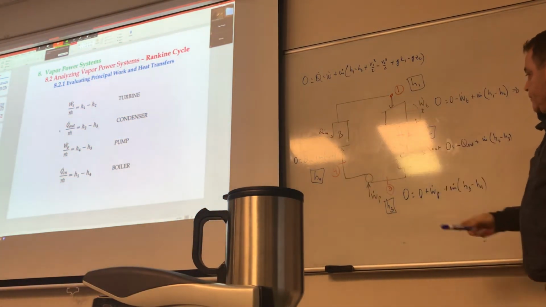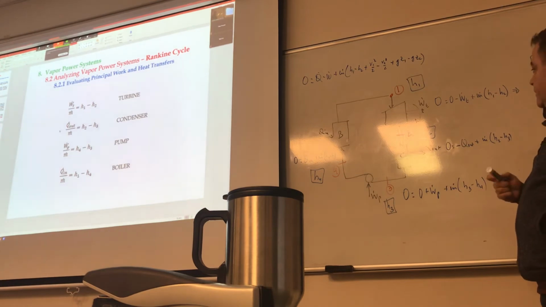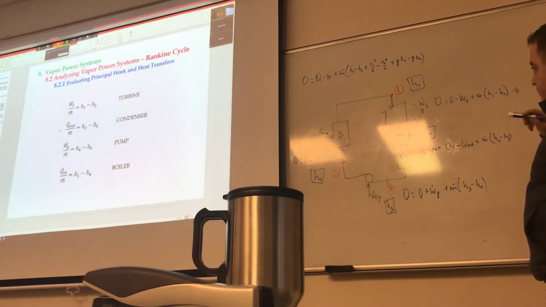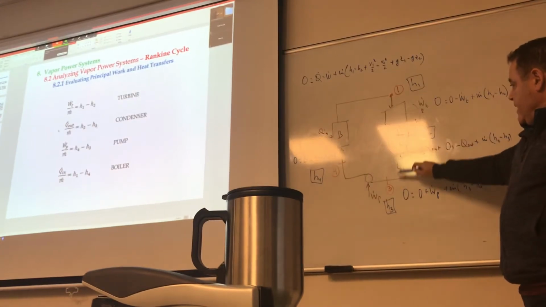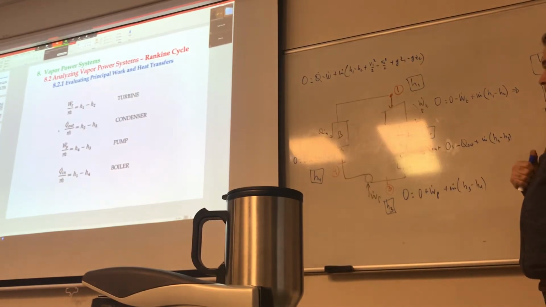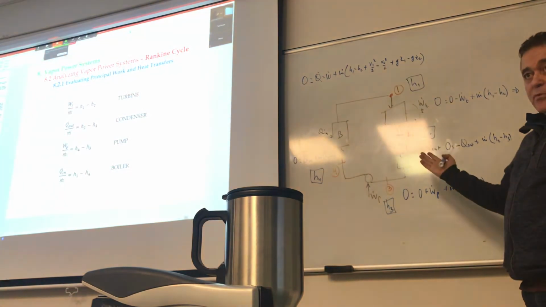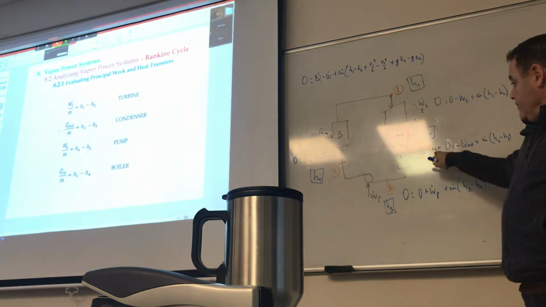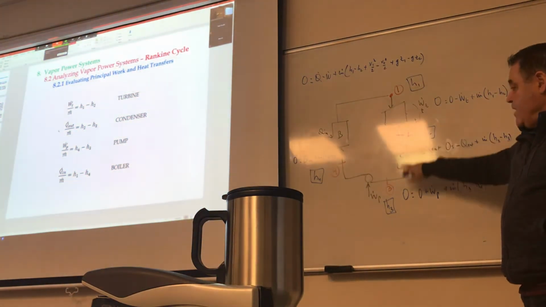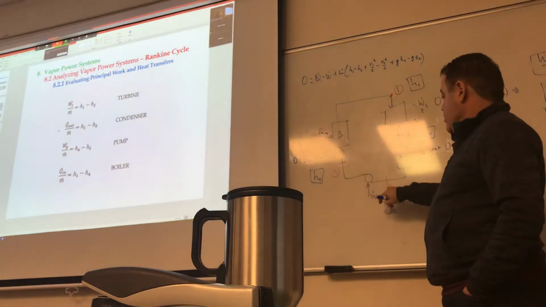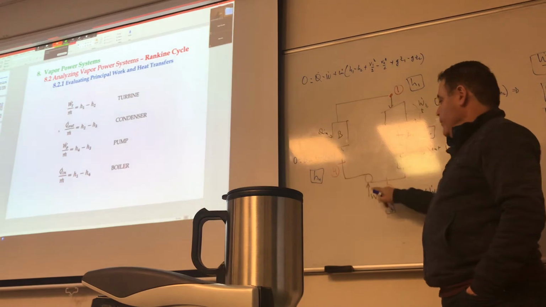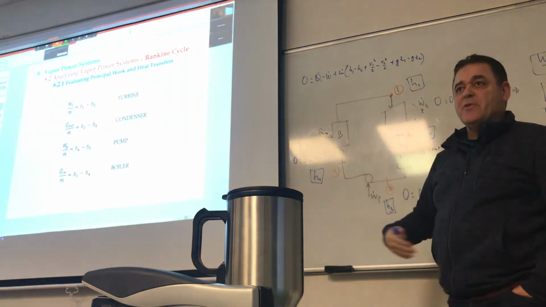How about here? Q out at the condenser. Which one is higher? Is it H2 or H3? H2. So the absolute value of Q out is essentially H2 minus H3. How about you come here to the pump? Which one is higher? Is it 4 or 3? 4, because you have pressurized.